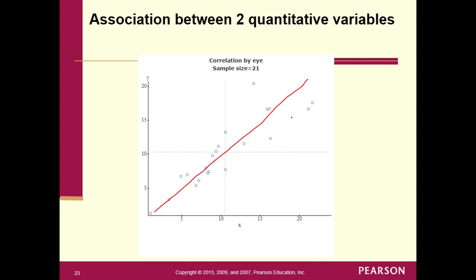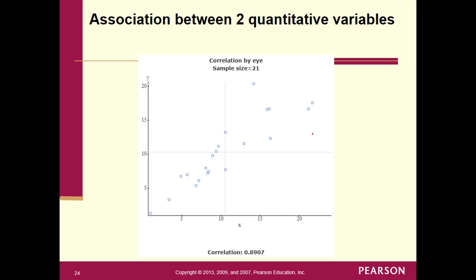There's not much deviation off the line. We get a couple of dots out here, but for the most part, most of the dots are pretty close to the line. So I would expect the correlation to be a positive value that's kind of close to 1. Let's check it out. It turns out to be 0.89, which is telling us that we have a strong positive relationship between these two variables.